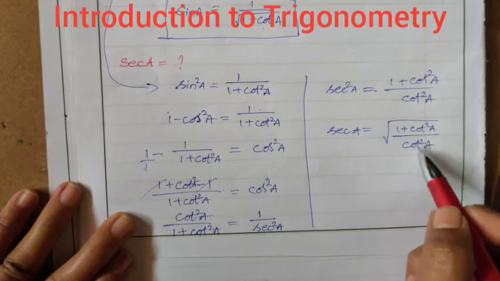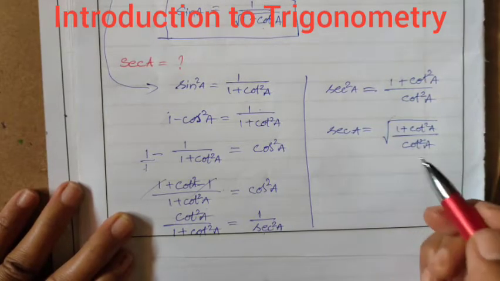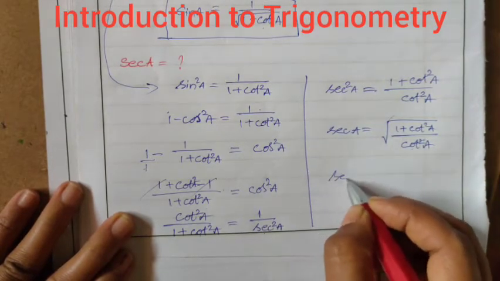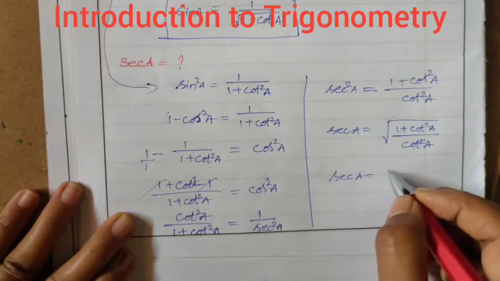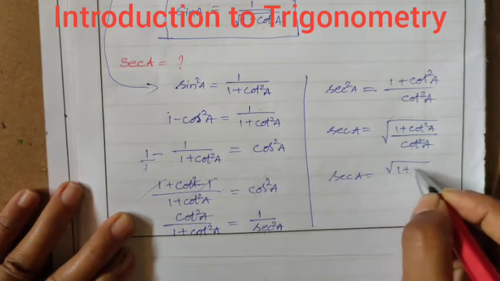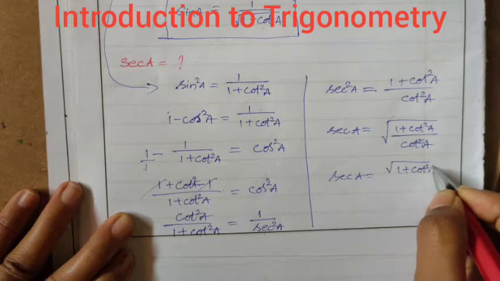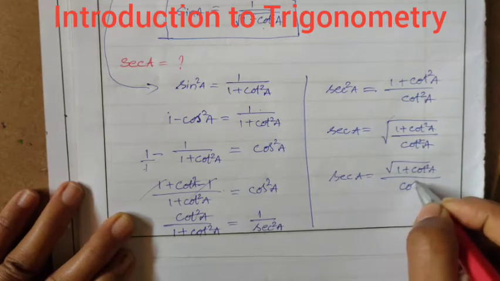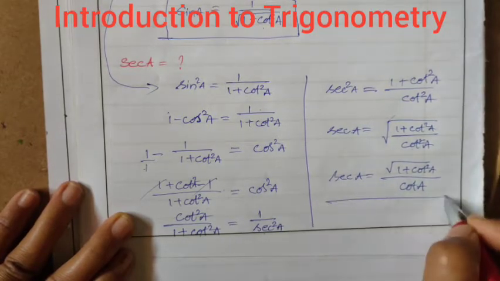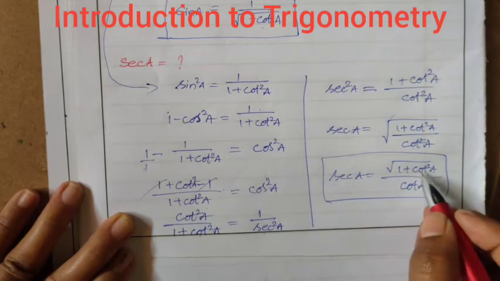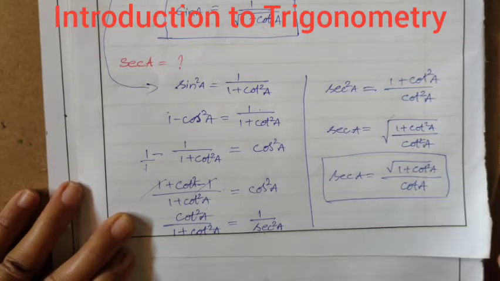The square root of cot square A means this square and this root will be cancelled. So sec A equals the square root of 1 plus cot square A divided by cot A. This is how sec A can be written in terms of cot A.